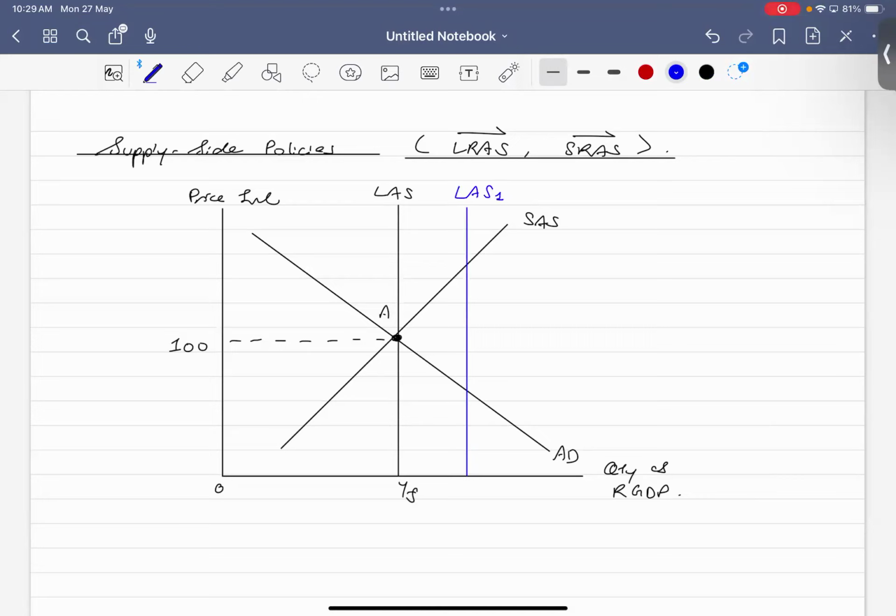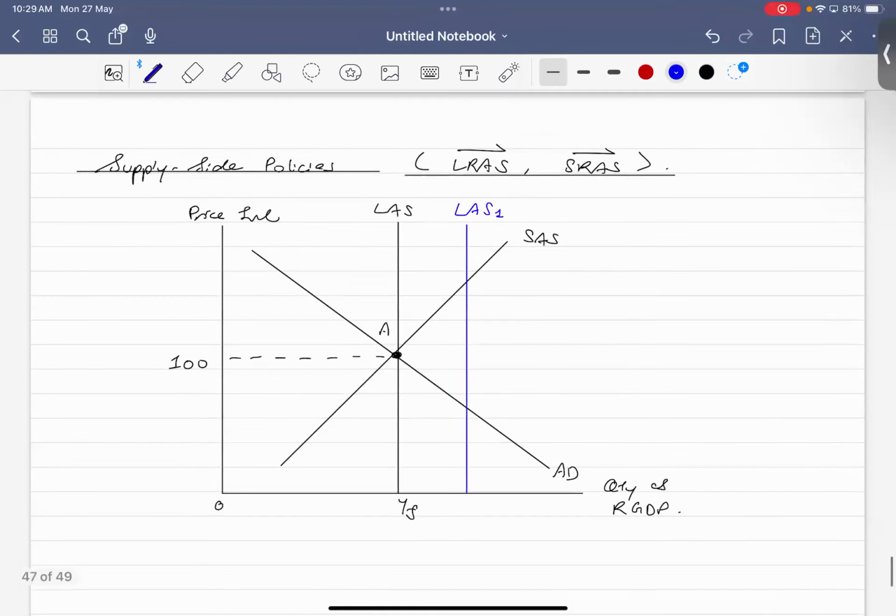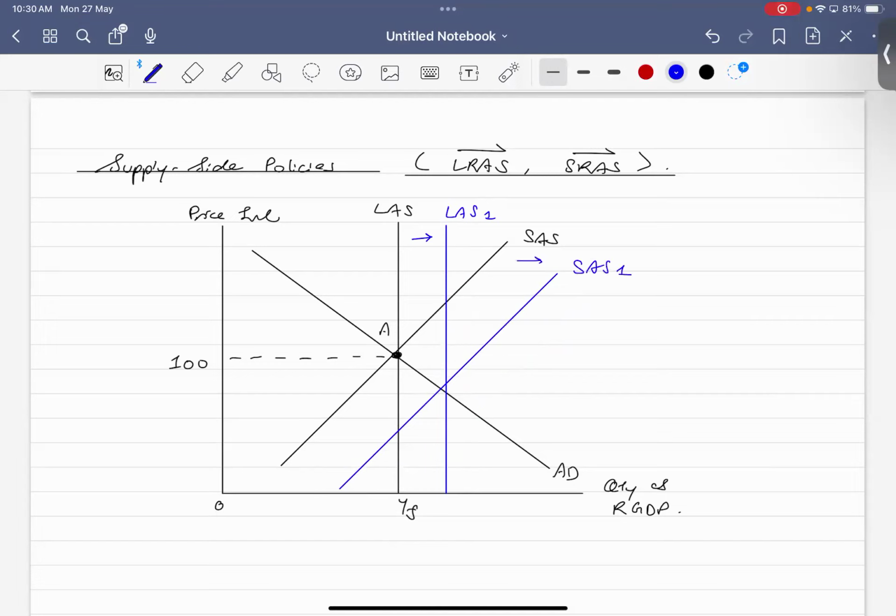And then SAS curve shift rightward as well. Okay, so that's what you need to show here. The shift of SAS and LAS.